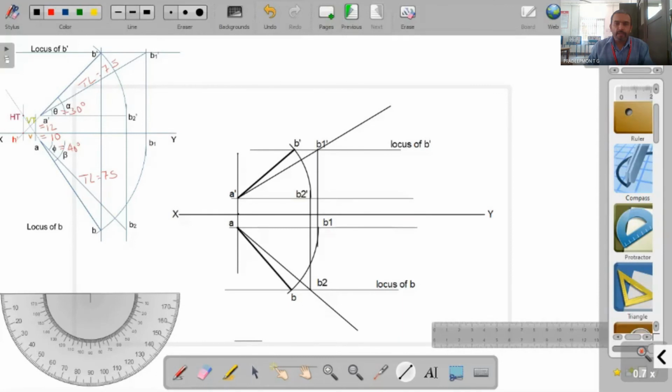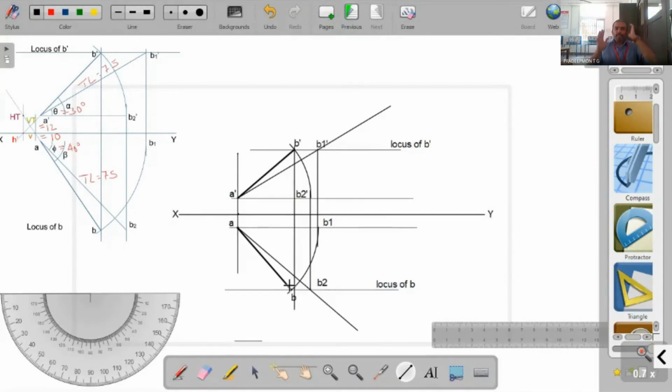So this is it. Now as a check, we can check whether this B dash and B are lying in the same vertical line. There is a slight difference. It's because of some drawing errors as well as measurement errors. If the drawing is perfect, B dash and B should be in the same vertical line.